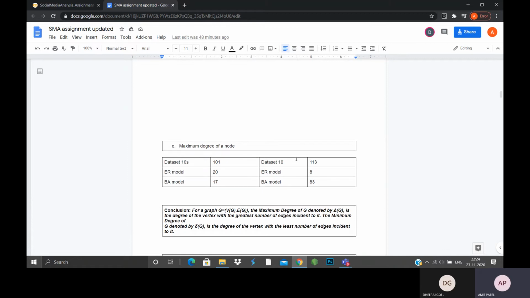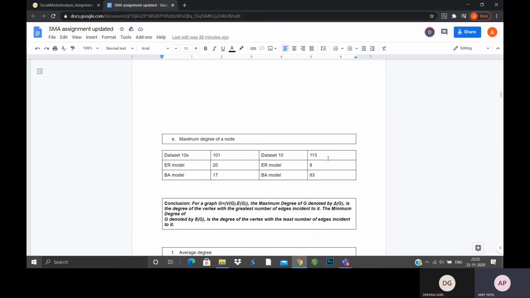Also, the maximum degree. What does maximum degree denote? Degree is just the number of edges incident on a node. So we calculate it for all nodes, and we pick the maximum value out of it and say this is the maximum degree, and this node has this maximum degree.